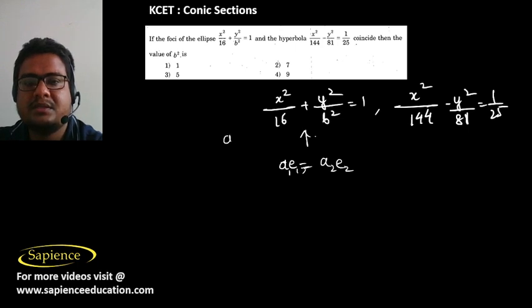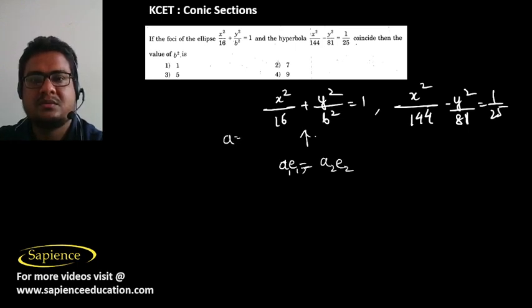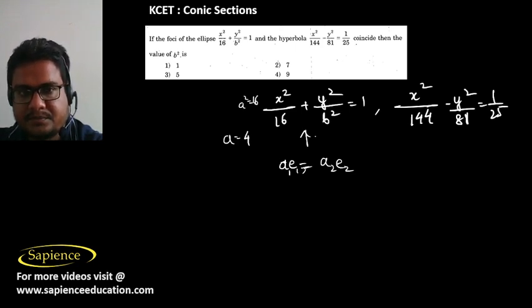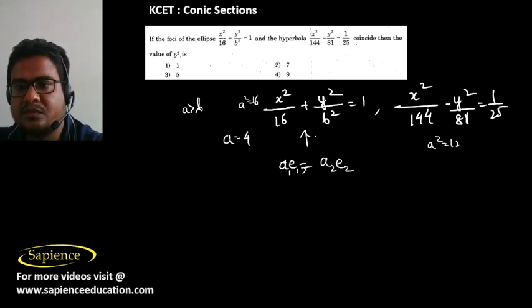So here A is equal to 4, which is square root of 16. Here A square is 16 and A is obviously more than B, and here A square is 144.